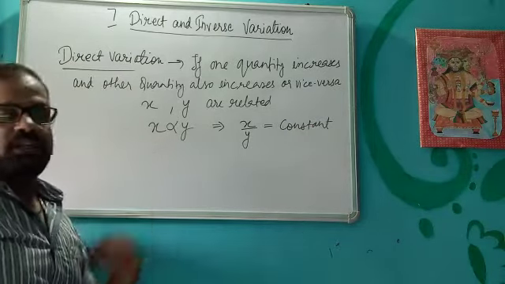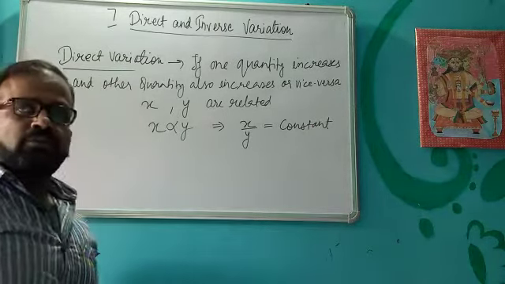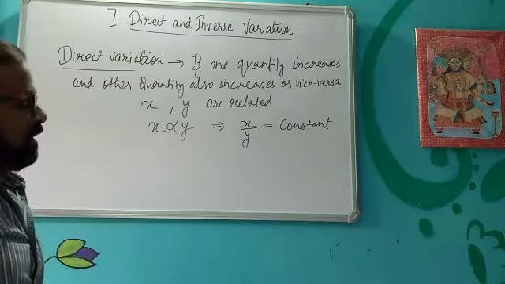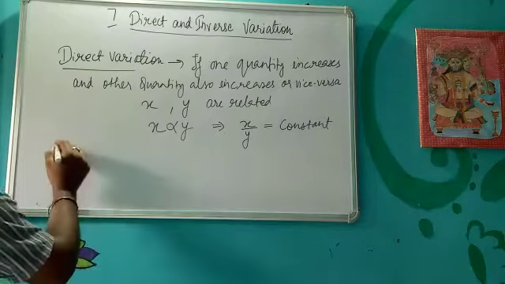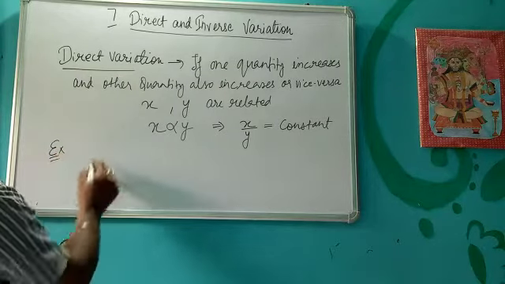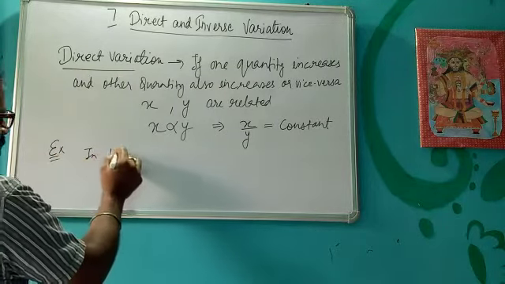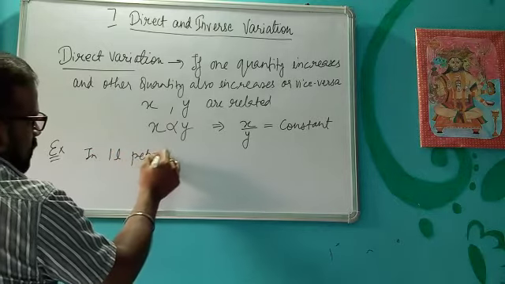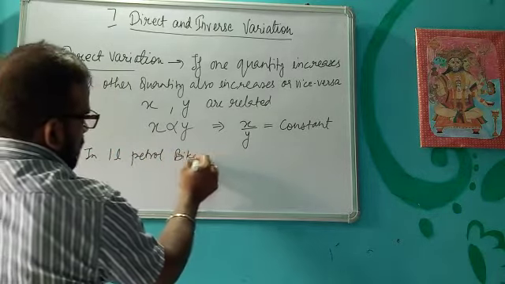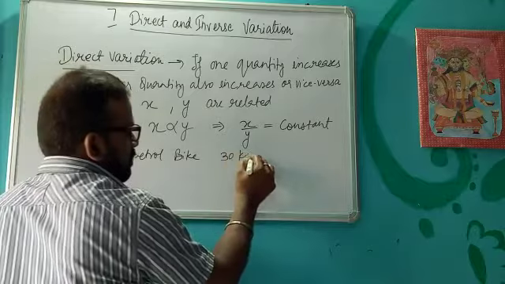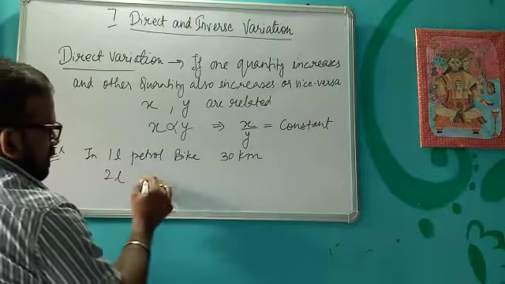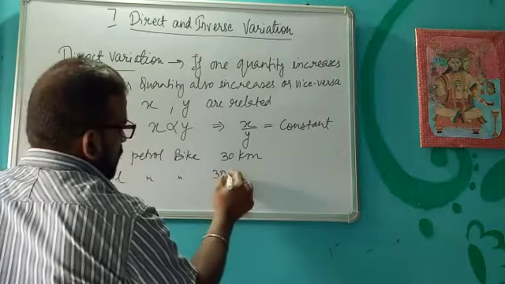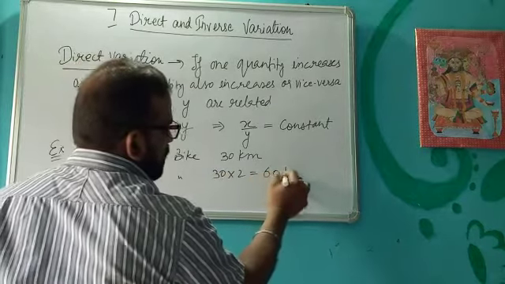If one quantity increases, the other quantity also increases, or if one quantity decreases, the other quantity also decreases. Let's see one example. Suppose in 1 liter of petrol, a bike runs for 30 kilometers. If you increase the petrol to 2 liters, then what happens? The bike will run for another 30 kilometers, that is 60 kilometers.